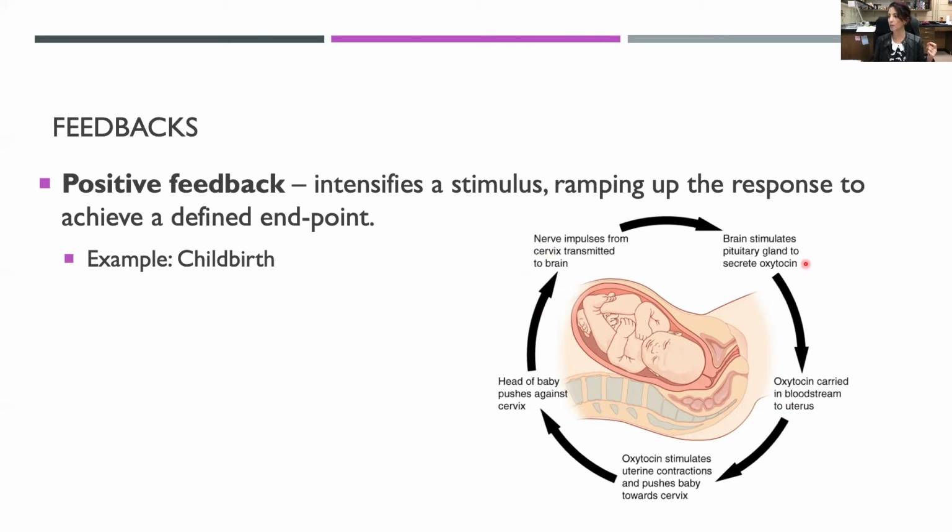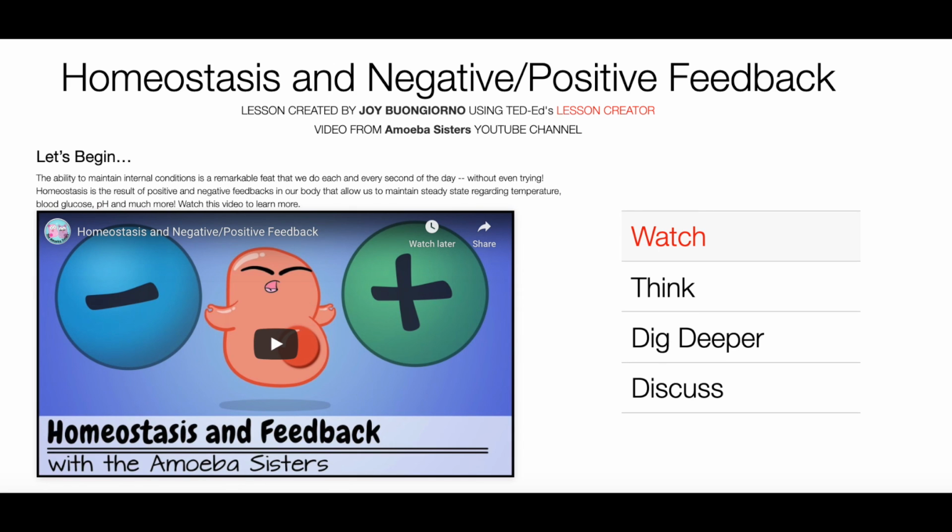This is a hormone that is carried in the bloodstream to the uterus and again produces another uterine contraction. So in this way, we have this positive feedback loop, ultimately to achieve the endpoint of no longer being pregnant. To drill down on positive and negative feedbacks, please access the TED Ed video done by the Amoeba Sisters.